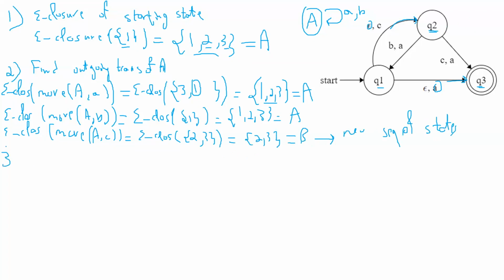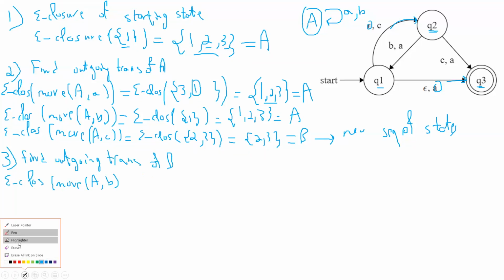I have to now repeat the same steps, but now I find the outgoing transitions for B. Okay, let's buckle up. Sigma closure of move the state B on this transition A. It's probably not a bad idea to name them maybe something other than the actual transitions so you don't get confused.